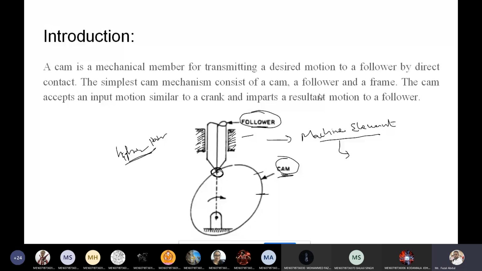Okay. Now one disadvantage associated with the cam is that the manufacturing cost of cams is very high.